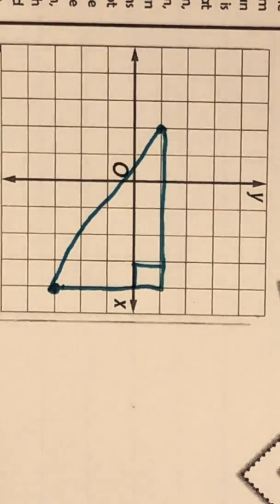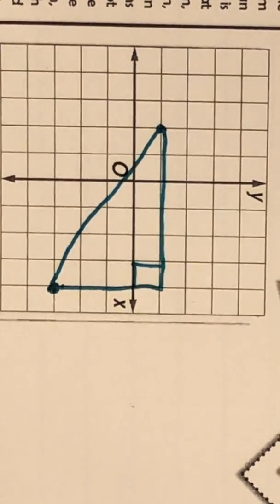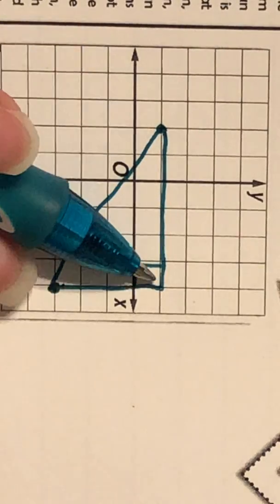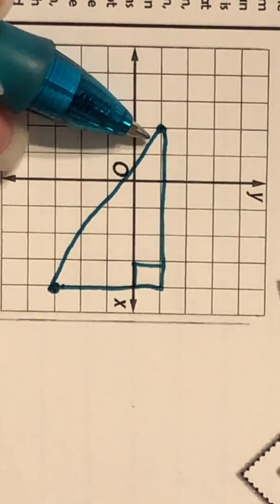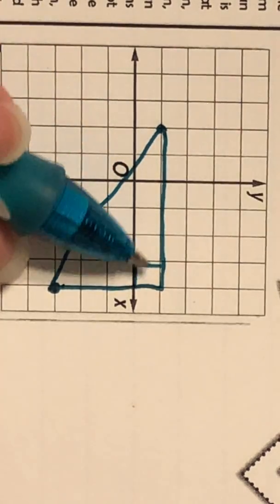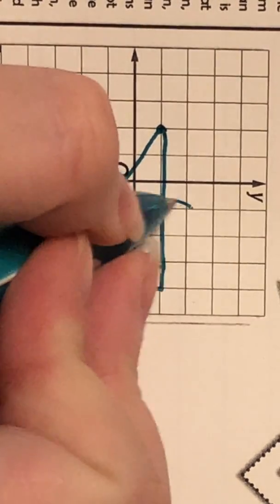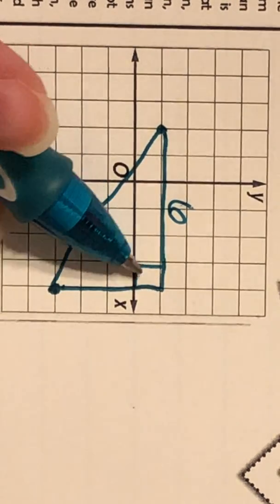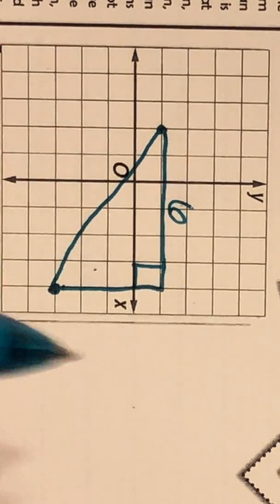So there's my right triangle, okay? So I can figure out this distance and this distance. Well, this is 1, 2, 3, 4, 5, 6 units. And this is 1, 2, 3, 4 units.